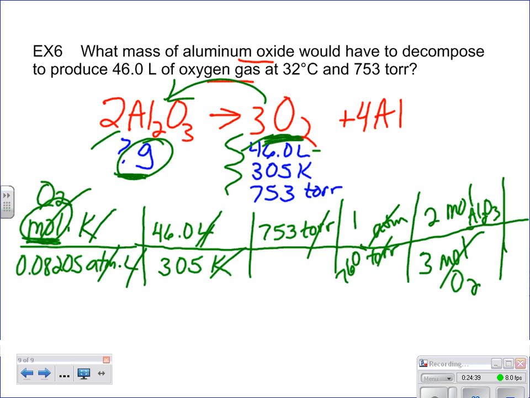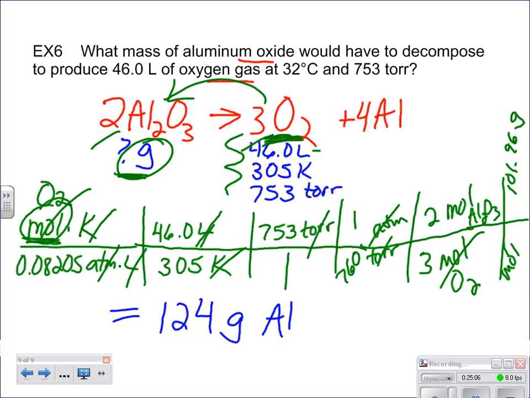Running out of space, but we know that 1 mole is equal to its mass, which is 101.96 grams. And as they're plugging in, I'm just going to write it. Here is our answer.